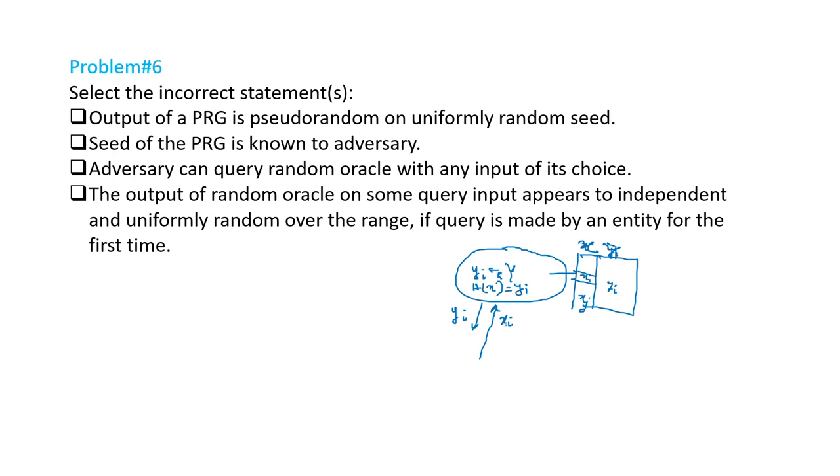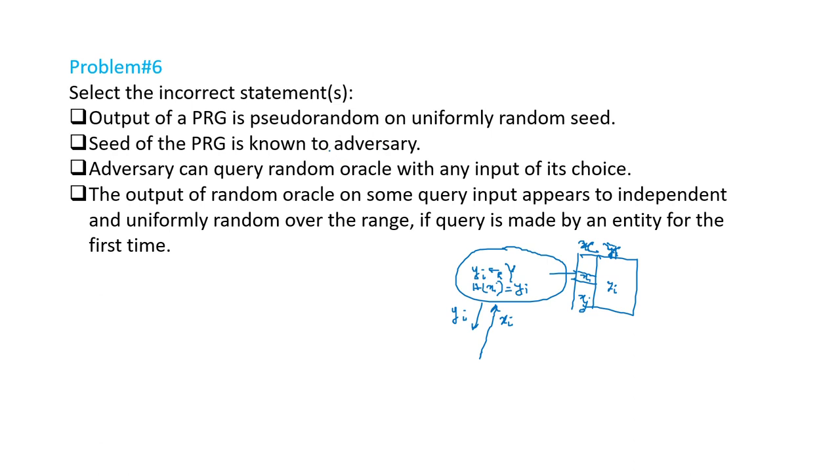But if you query with the same xi again and again, you will get the same yi output again and again. So this is true. Output of a PRG is pseudo-random on uniformly random seed.